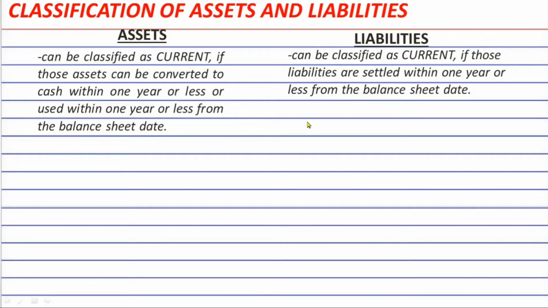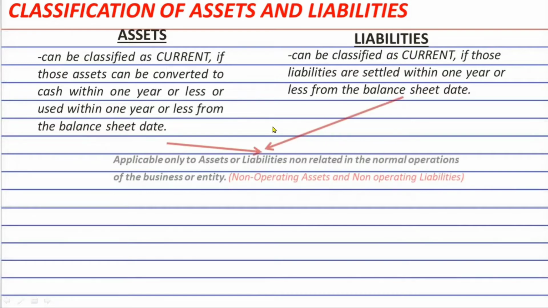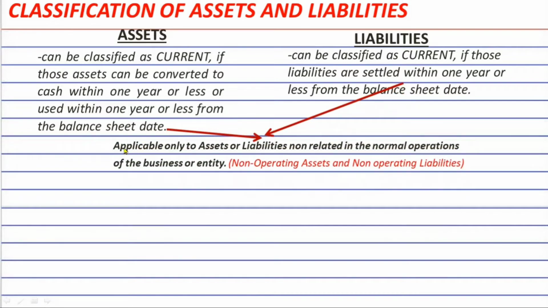Well, that's true guys, but I'll tell you this. These two guides here are only applicable to assets or liabilities that are not related to the normal operations of your business entity. So we call them non-operating assets and non-operating liabilities.